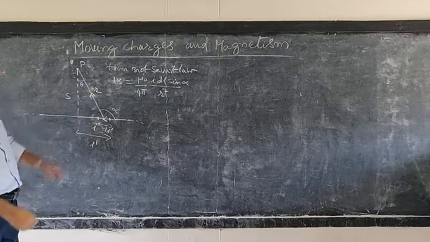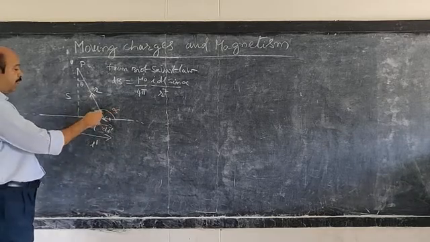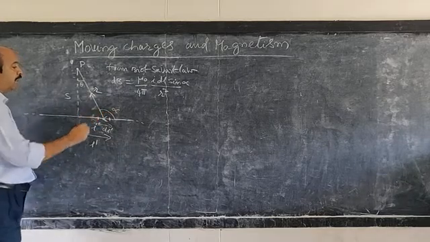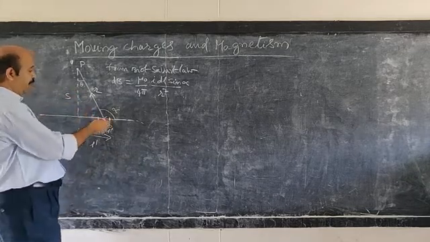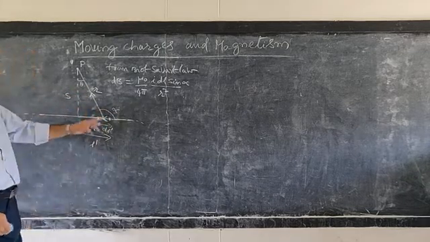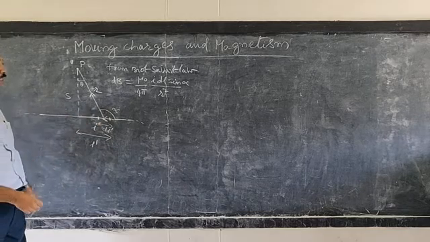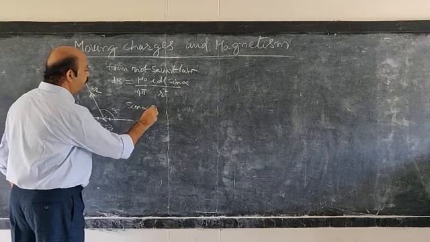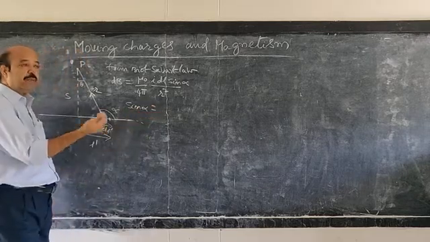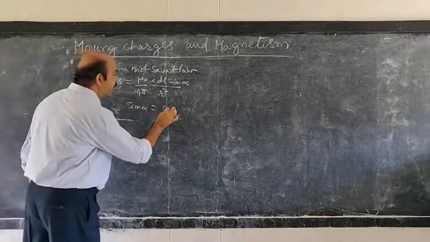If this is alpha, then from the geometry of the figure, alpha is equal to 90 plus theta. Hence, I can write sine alpha is equal to sine of 90 plus theta, which is equal to cos theta.